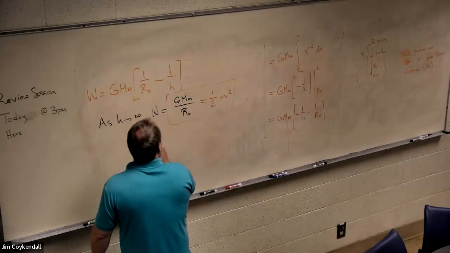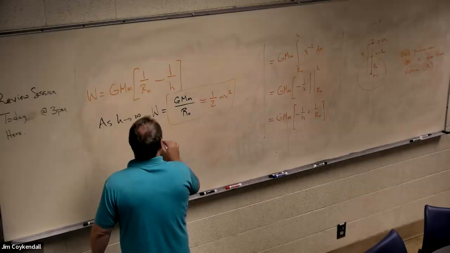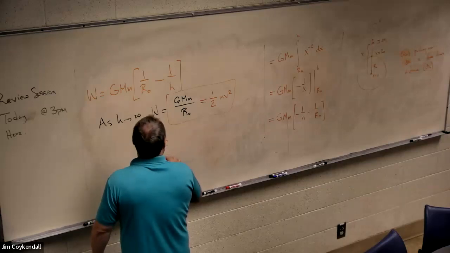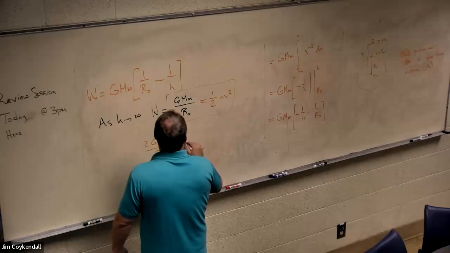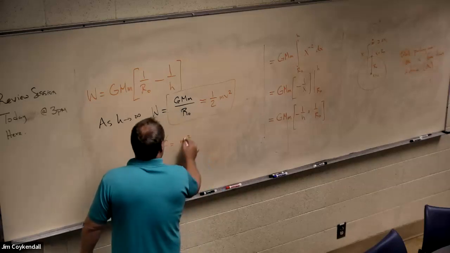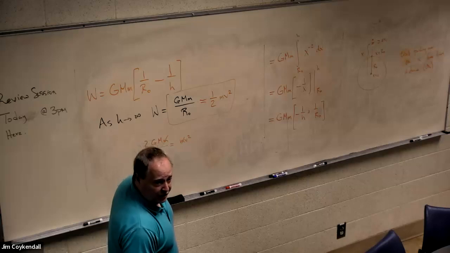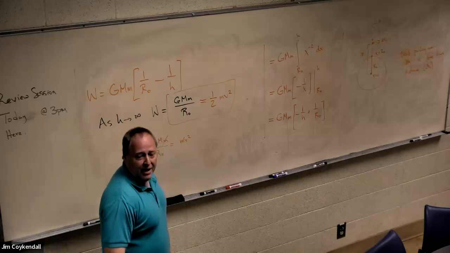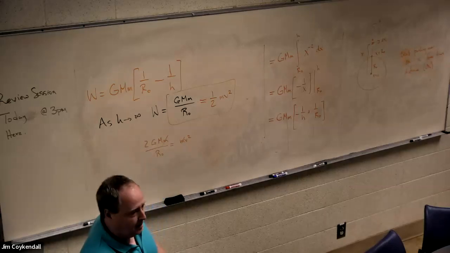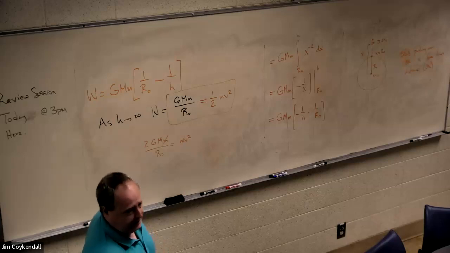So I get GMm over R0 is equal to one half m v squared. The m's cancel. Convenient. So your escape velocity doesn't depend on how much you weigh or how much mass you have. The escape velocity of that chair and the Empire State Building is all the same.